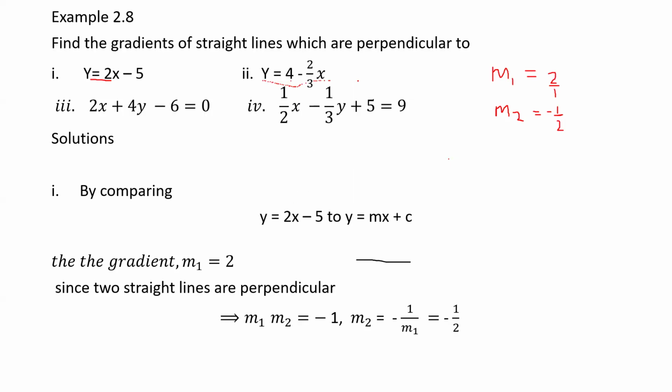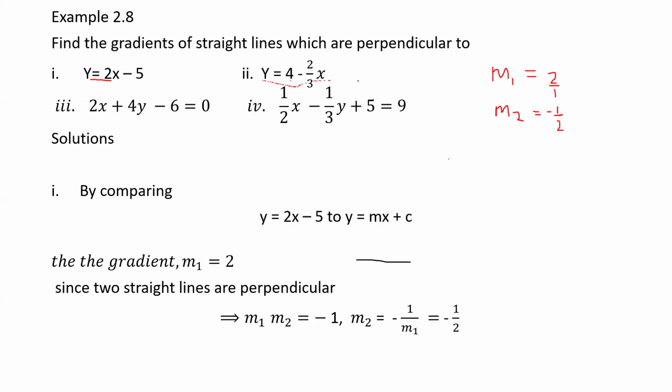Minus 2 over 3. So what is the gradient of a line perpendicular to it? 3 over 2. Turn it upside down, then negate it. It becomes 3 over 2 with a positive sign. That's how we do it.